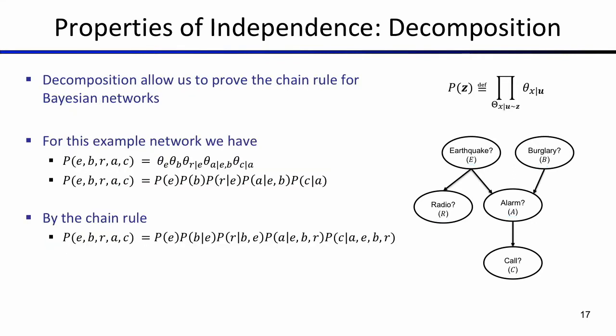And decomposition is the key property to prove the chain rule for Bayesian networks. The chain rule for Bayesian networks has this format here.